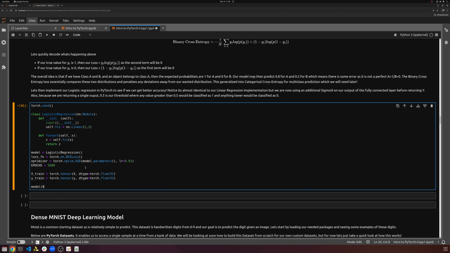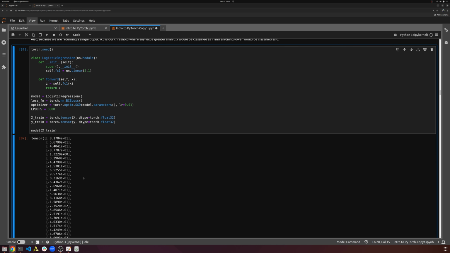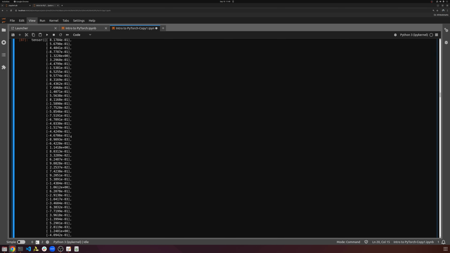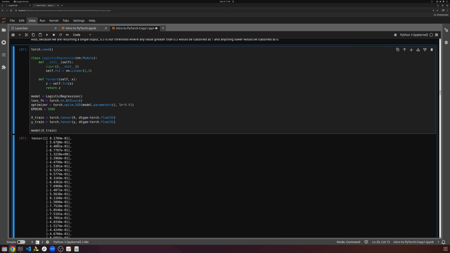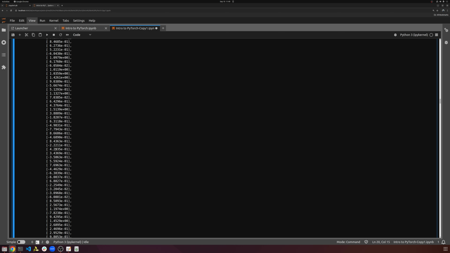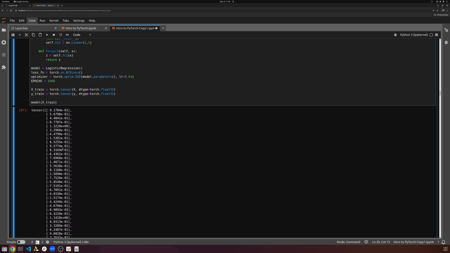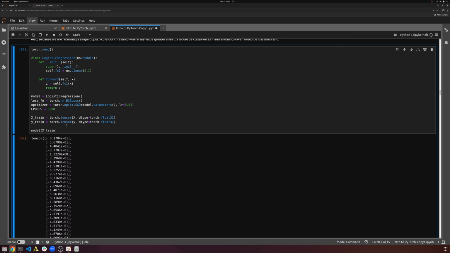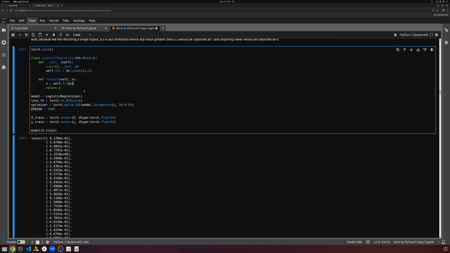We can do model(X_train). So these are my predictions. Now, what do you notice about these predictions? They're just a bunch of numbers, and that's not helpful to us. We want to predict probabilities, not numbers, which I mentioned requires the sigmoid function, which we never applied.